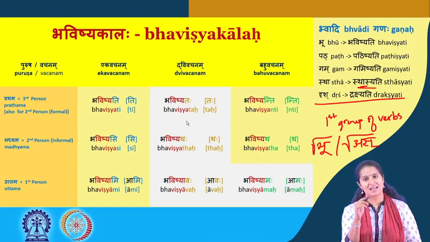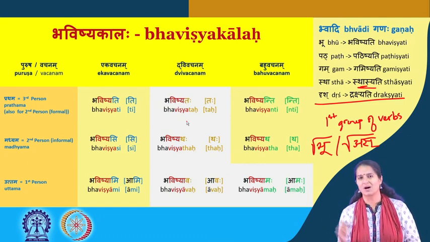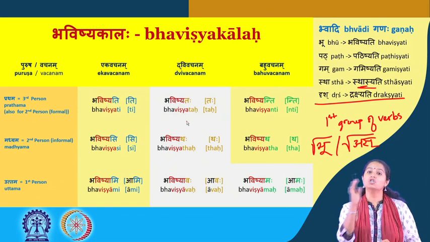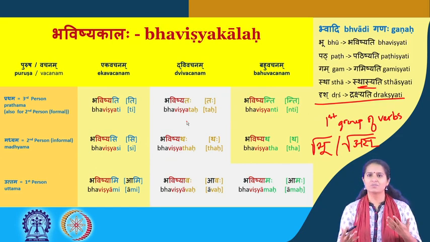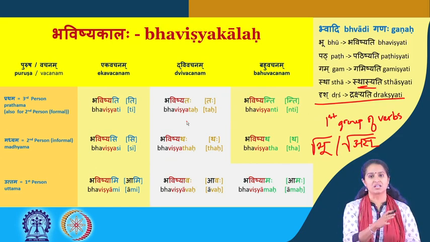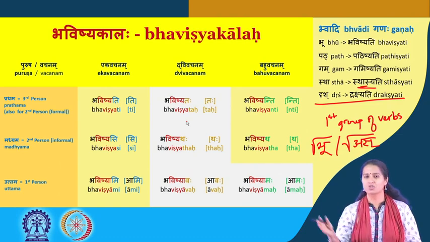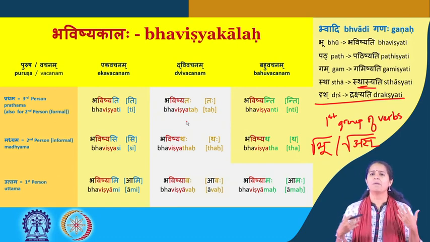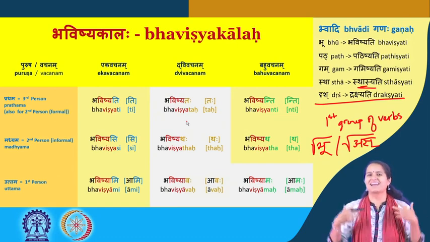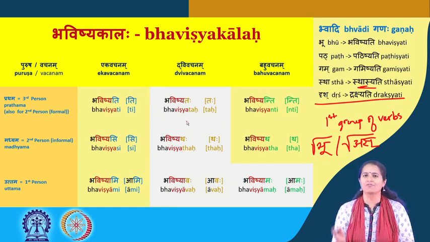Let's put that sentence together. Bhavatyau chalanachitram drakshyataha shvaha. But change the order. Shvaha bhavatyau chalanachitram drakshyataha. Let's put the verb in the beginning. Drakshyataha bhavatyau chalanachitram shvaha. Permutations and combinations, all of them would work, but the natural order would tend to be more of the shvaha.